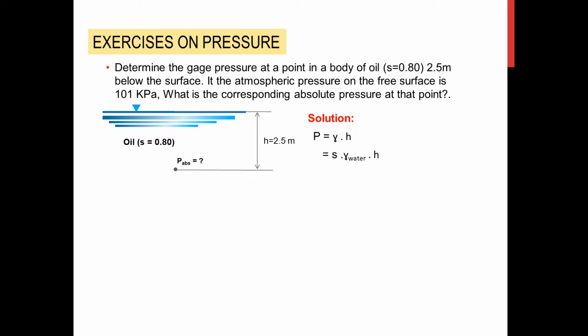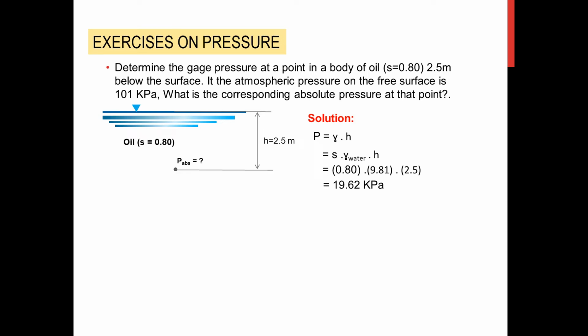So gamma can be expanded to specific gravity times gamma of the standard substance, water. With that, we can simply substitute the value of the specific gravity and the value of the gamma of water with the value of the vertical height, 2.5.